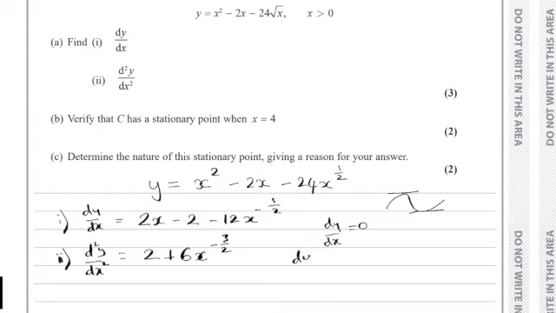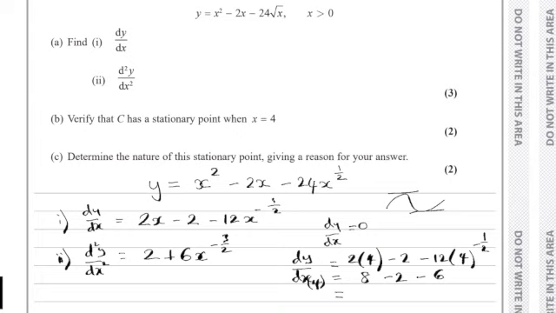I'm evaluating dy/dx when x equals 4. So here we go. 2, insert the 4, minus 2, minus 12, insert the 4, to the minus a half, and clearly 2 4s are 8, minus 2, and the square root of 4 is 2, but it's the reciprocal of 2, which is a half, and a half of 12 is 6, isn't it?